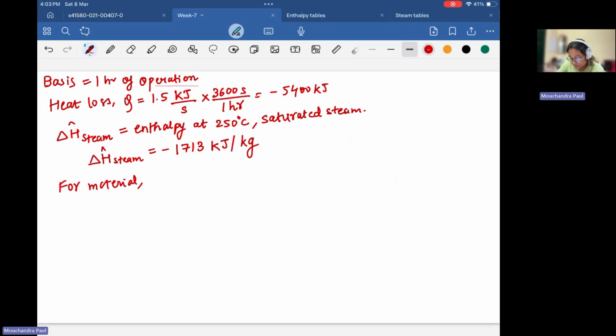We are considering enthalpy at 20 degrees Celsius to be 0 for ease in calculation. So, before 20 degrees Celsius, this is basically your H at T1, at state 1.